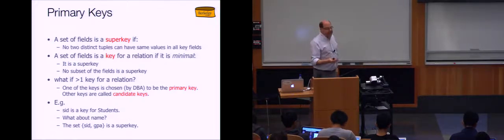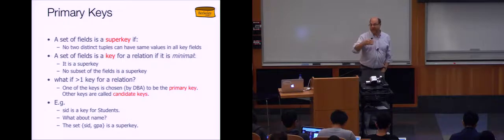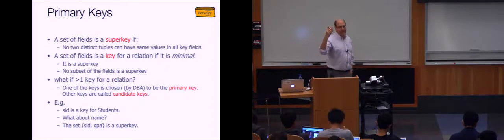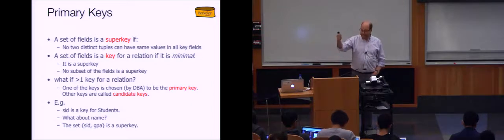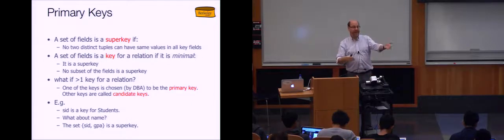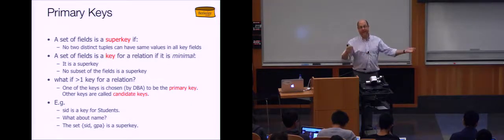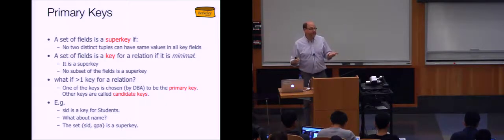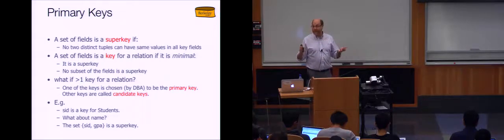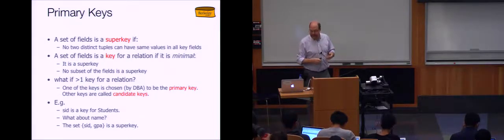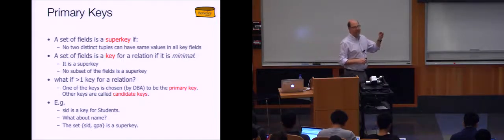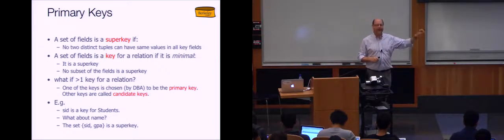And then, of course, it may turn out that you have multiple keys for a relation. Okay, so you might have somebody's student ID, and you might have a sample of their DNA, okay, or their thumbprint or something, right? Those are all things that could be unique to that person. So those are all keys. If they're all minimal, they're all keys. And so what you do is you sort of arbitrarily pick one to say, okay, the primary key is going to be this one.